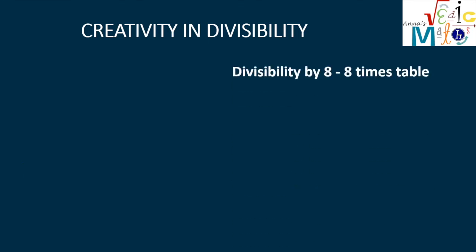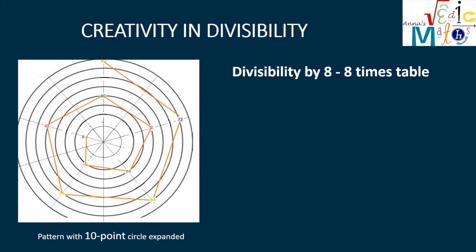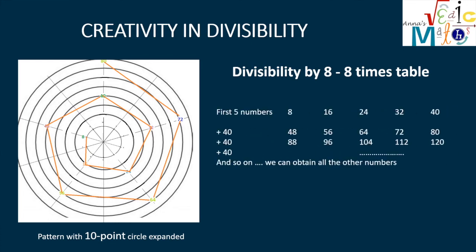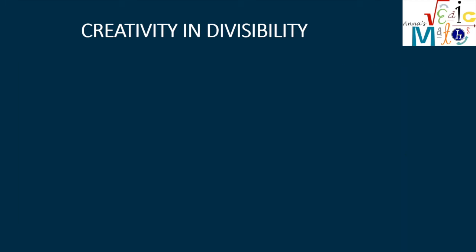Looking at the pattern in the 10-point circle expanded, we see that the first 5 numbers of the 8 times table are 8, 16, 24, 32, 40. And we add 40 to obtain the other numbers. If we join the numbers with a line, we obtain a nice pentagonal spiral.